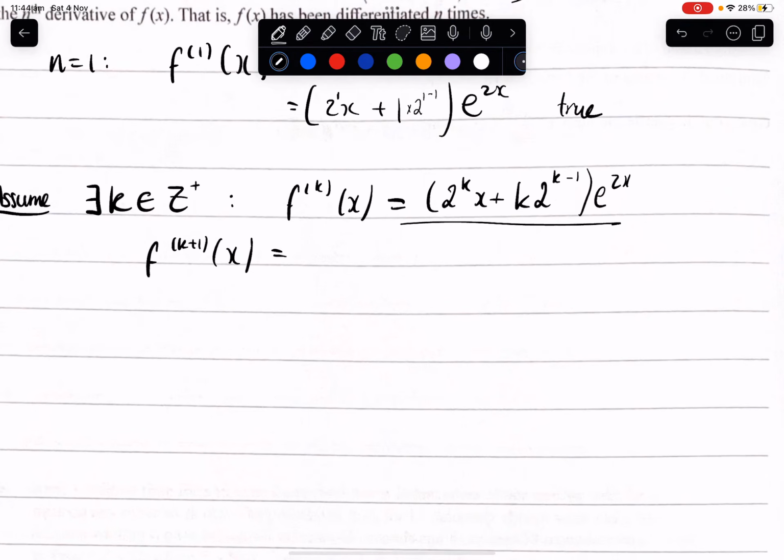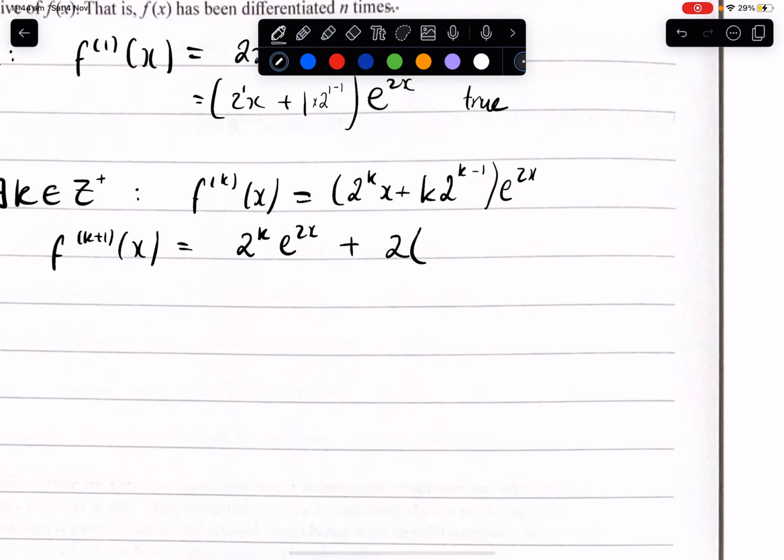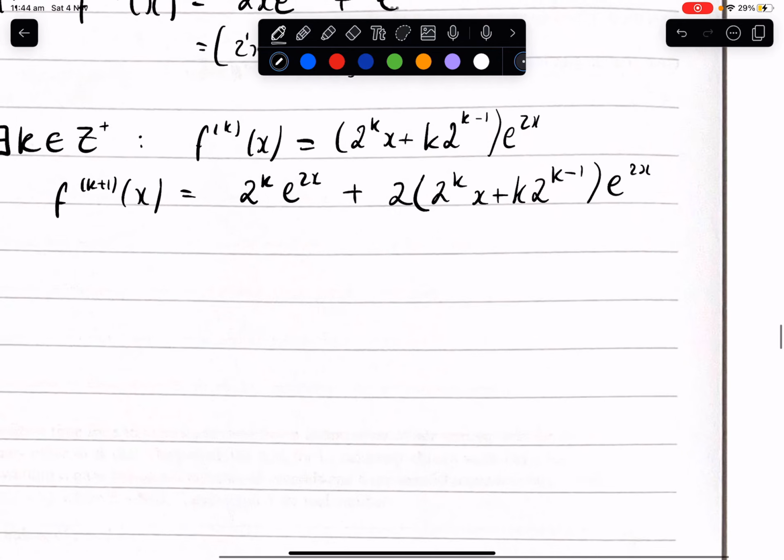So if you just differentiate this, you can differentiate the first one, which will be 2 to the k, this is just a constant, multiplied by e to the power of 2x, then plus 2 times 2 to the k x plus k 2 to the k minus 1 e to the 2x, I believe.